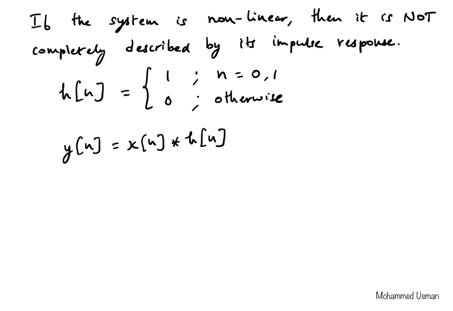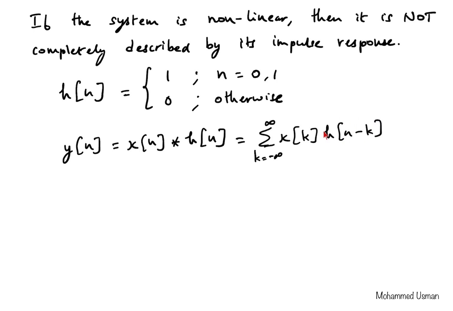Now that's basically the convolution sum x of k times h of n minus k for k equals minus infinity to infinity. But now since the h of n term is defined only for n equal to 0 and 1, and it is non-zero only for these values of the argument of h, right?